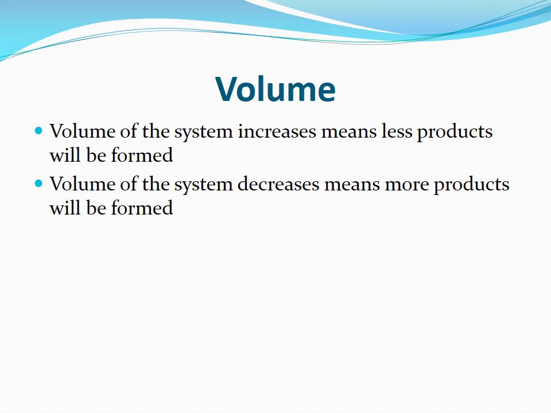So for attaining the equilibrium, or we can say for the establishing of equilibrium, we have to avoid any disturbances in any of these factors like pressure, temperature, volume, concentrations, or open and closed container. After that we can attain the equilibrium.